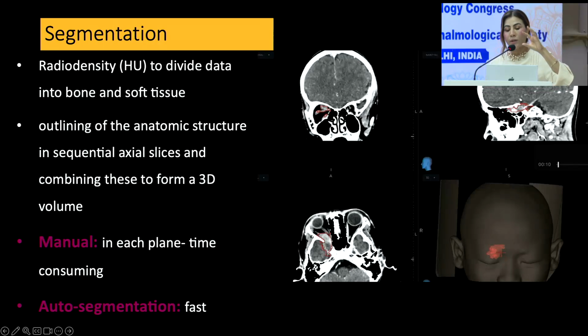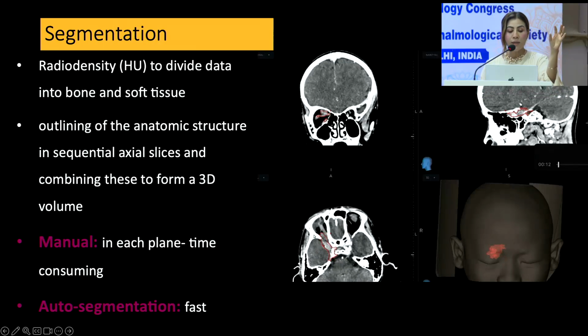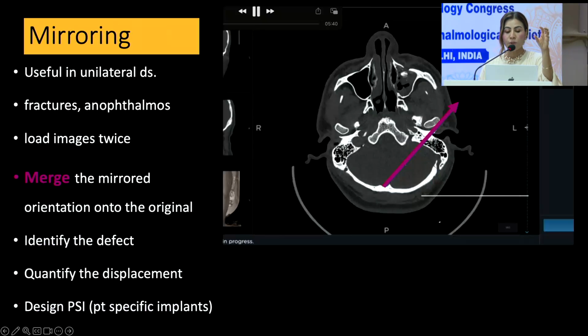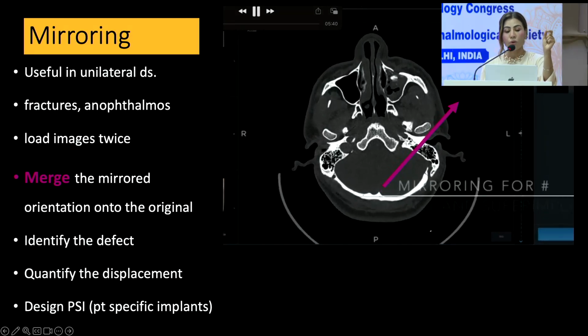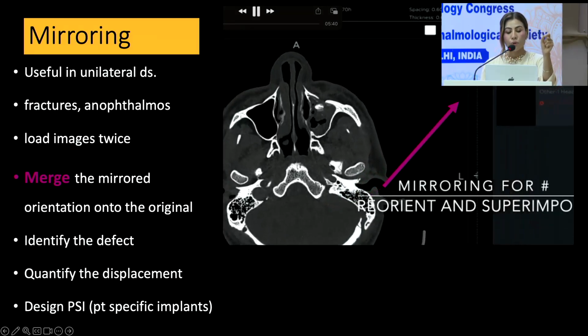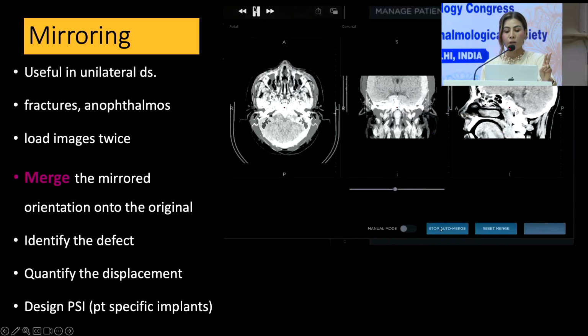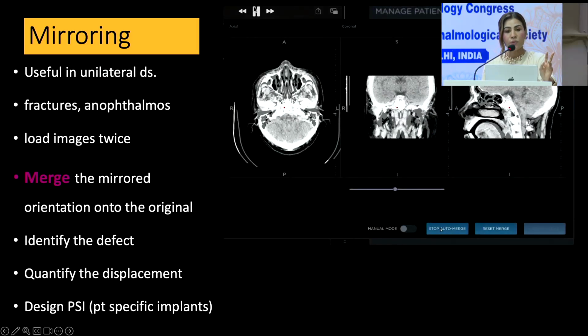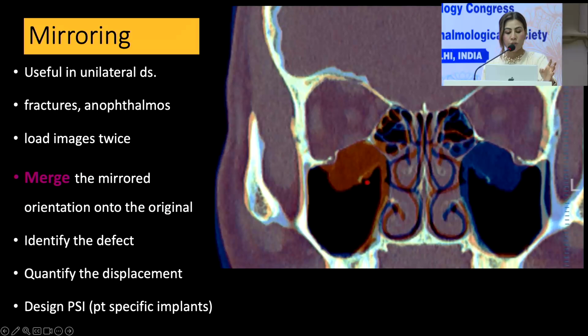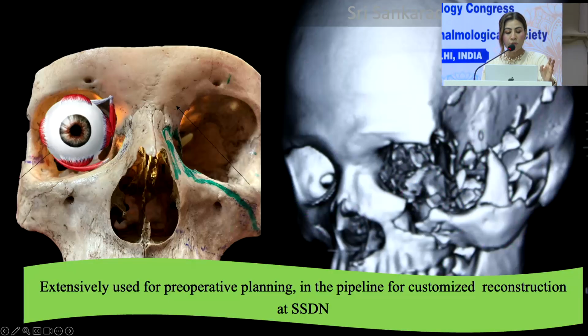Segmentation means you can really read one segment of the orbit, and if you want to visualize it, it's better. And secondly, mirroring, that means you can mirror the normal over the abnormal, so that you know how much volume change occurred following a fracture. And this is merging of two CTs, one above the other, and this will really give you the extent of the fracture, and also it will help you identify the defect, to quantify the displacement, and we go for the patient-specific implant.